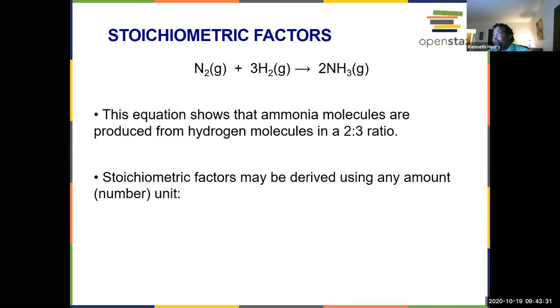So then I could say, for every one molecule of nitrogen, I'm going to need 3 molecules of hydrogen. Is that cool?